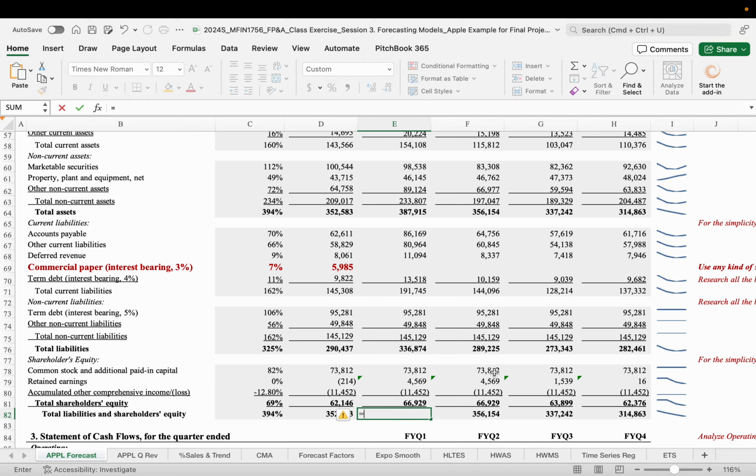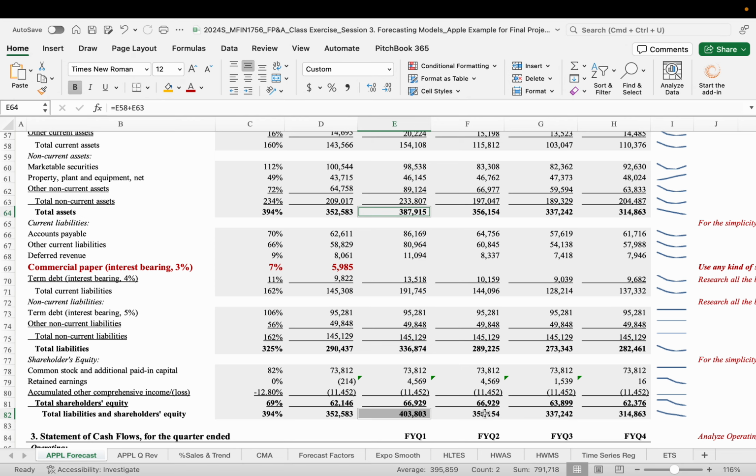Okay, so here now total current liabilities we have, and then total liabilities now we have. Now this one should be starting from the total liabilities plus total shareholders equity. So that is a starting point. Now let's compare between these two, right?